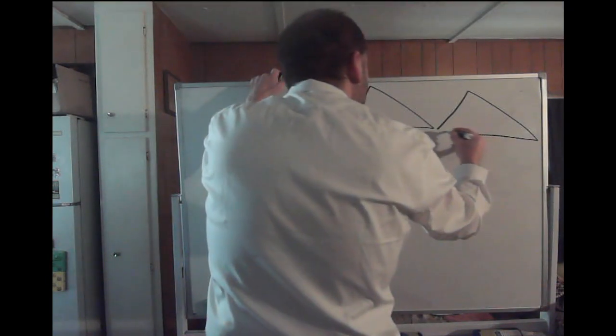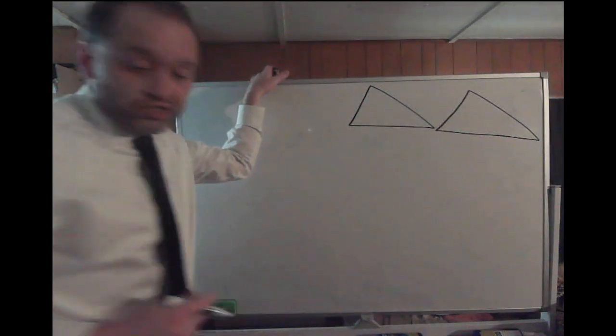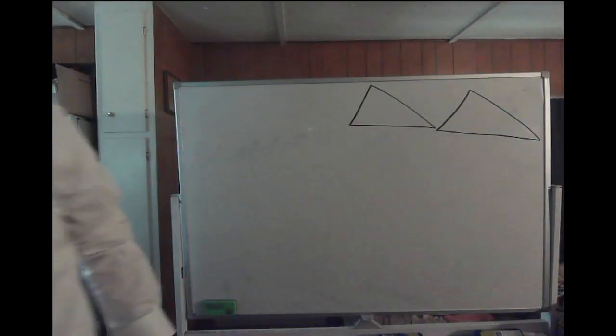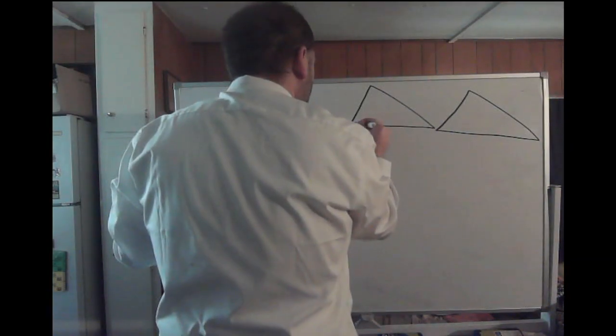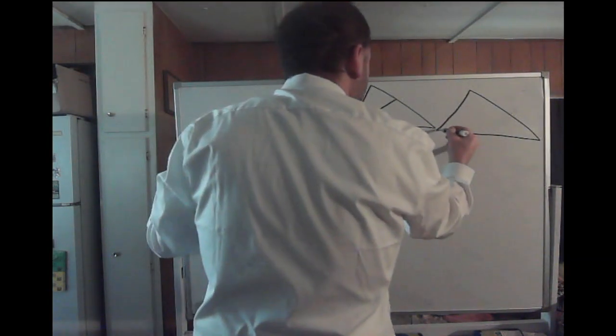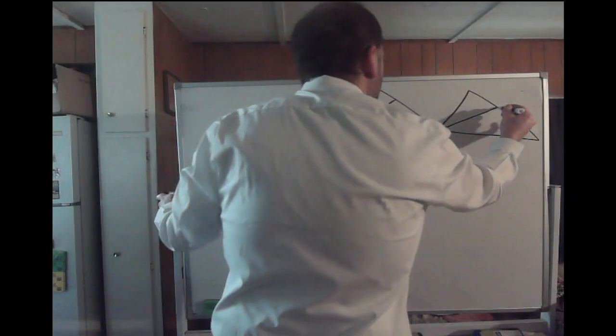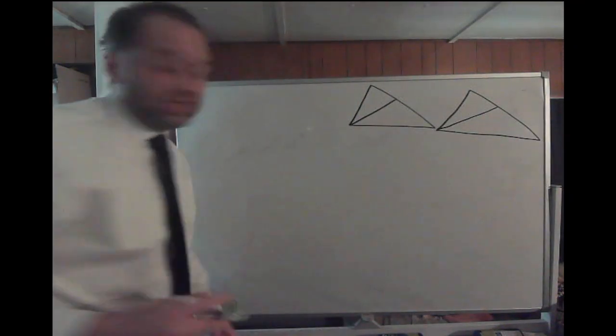Let's draw these two side by side. Alright, so I got 2 triangles side by side, each going to about here. Let's see what they call those.